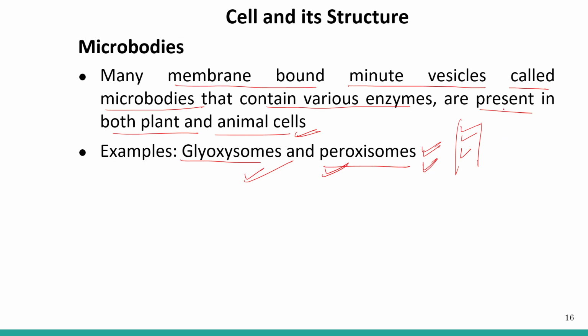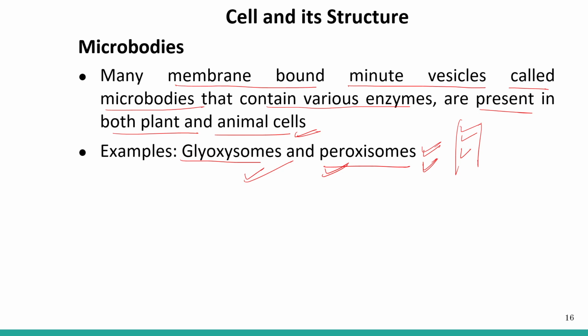So we have studied the ribosomes in this particular session, and also the cilia and flagella structure, and centrosome and microbodies. Just for a revision, the ribosome is a non-membrane bound structure, and it is present in both prokaryotes and eukaryotes.